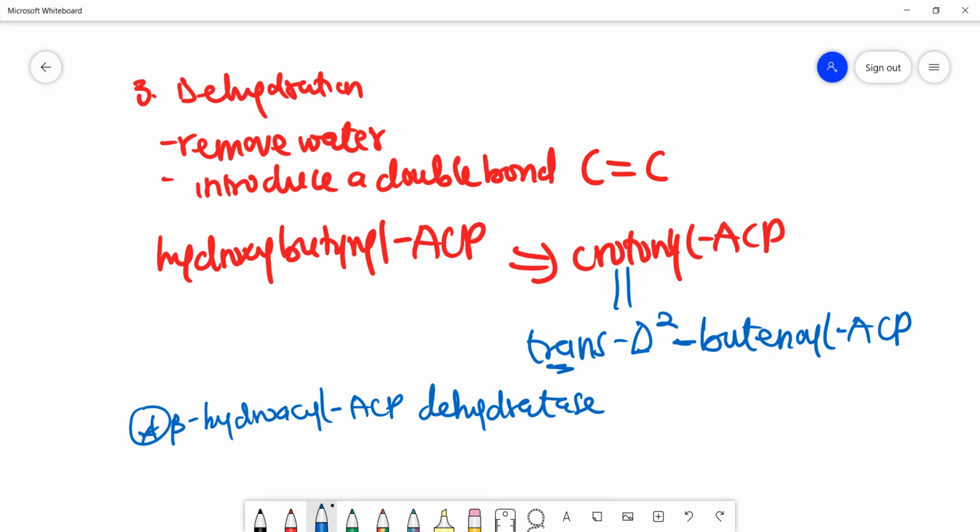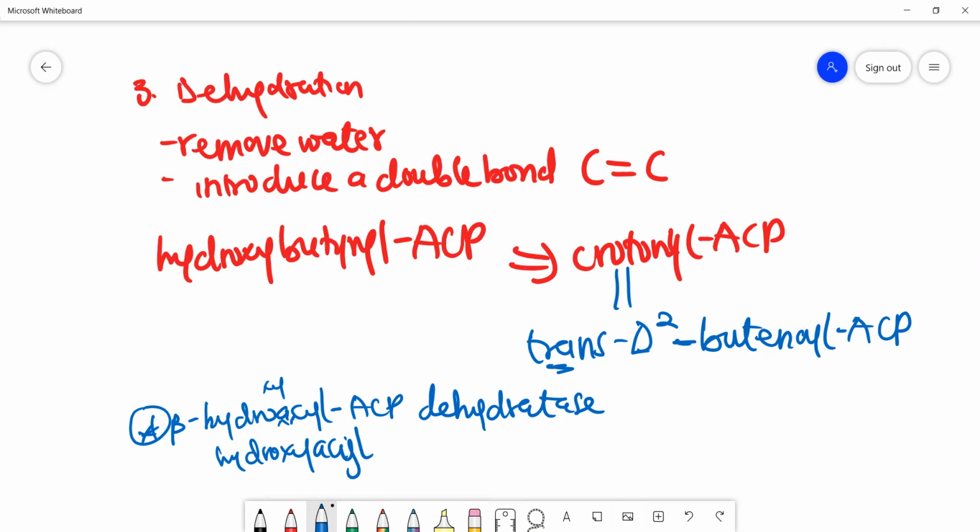You see dehydratase in other literature too, so whichever you prefer. So it's beta hydroxyacyl ACP dehydratase that's going to do the job for us here.